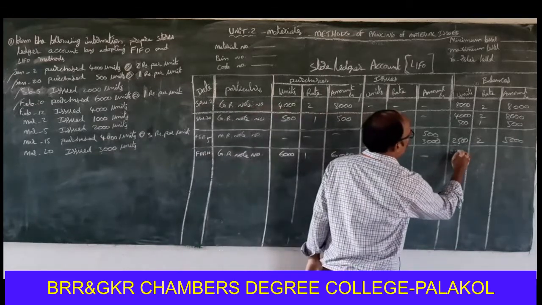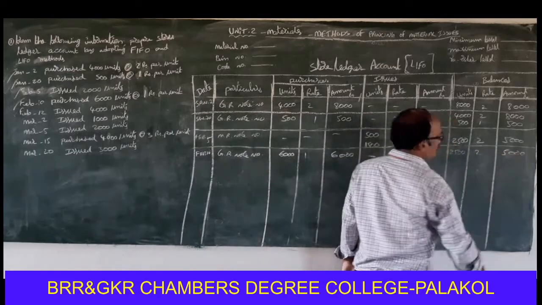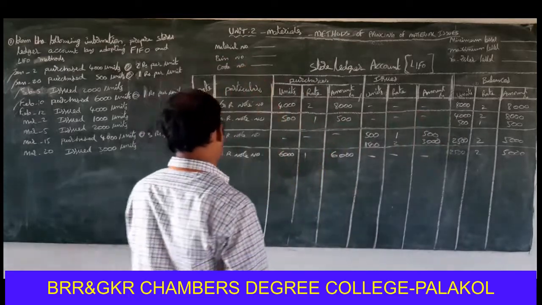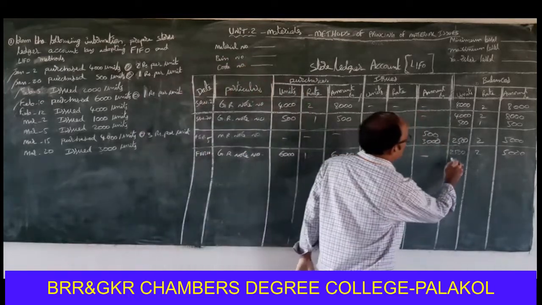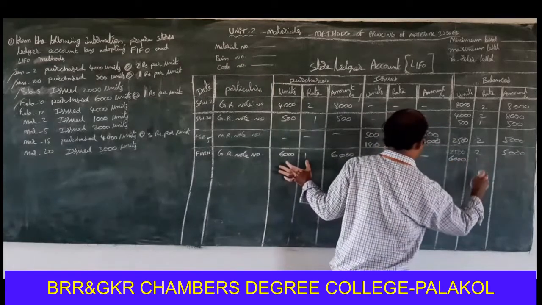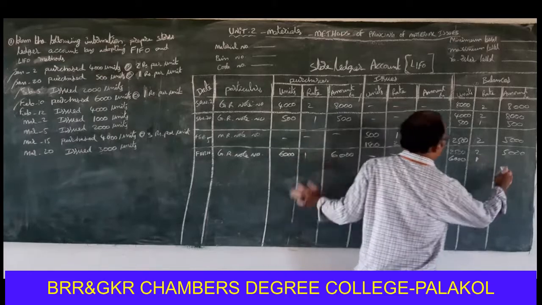So 2,500 and 500 is old stock. Again, we purchased 6,000 units here, recently purchased at 1 rupee per unit, 6,000.